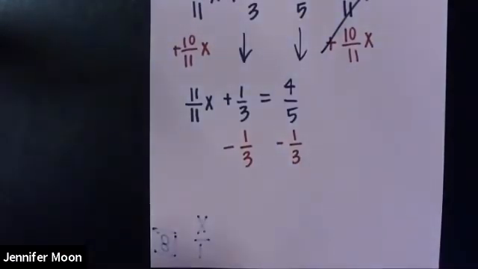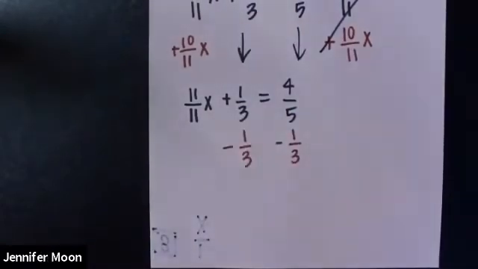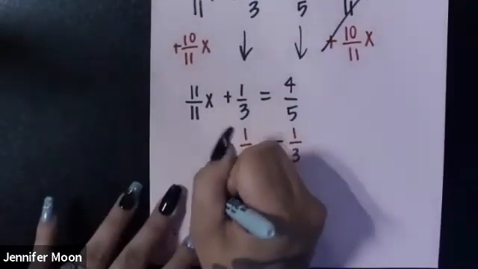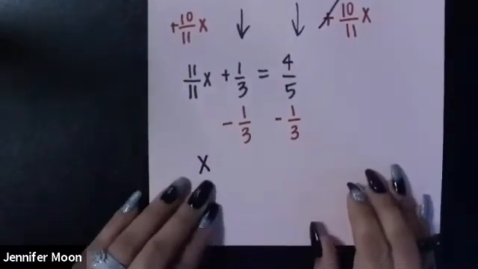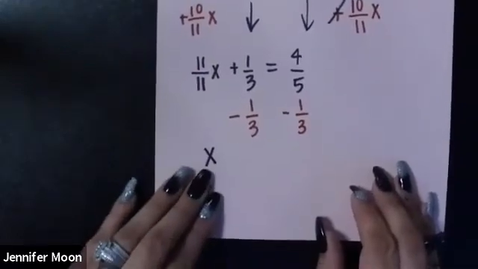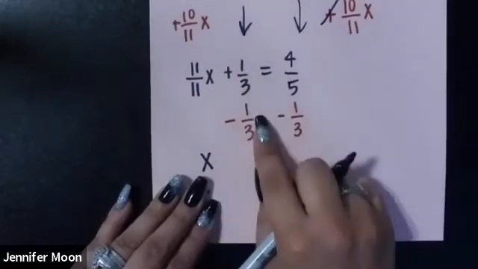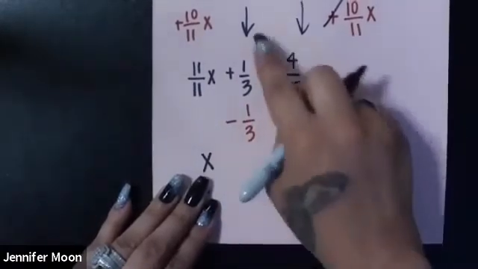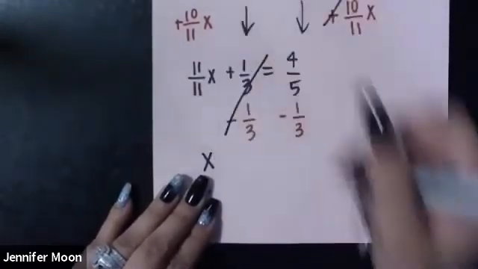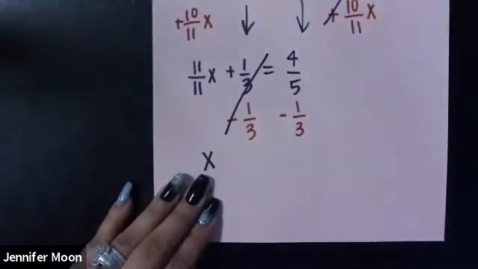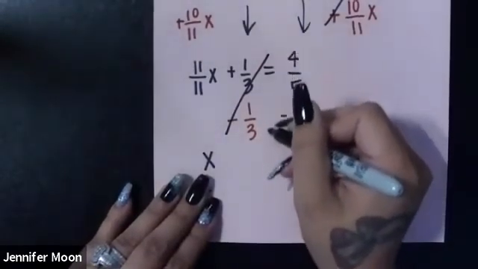I'm just going to go ahead. I know 11 divided by 11 is 1. So I have 1x. And then do y'all see here? Additive inverse. Exact same number, different signs, means it goes away. It cancels. And then I notice I have my equal sign, right?